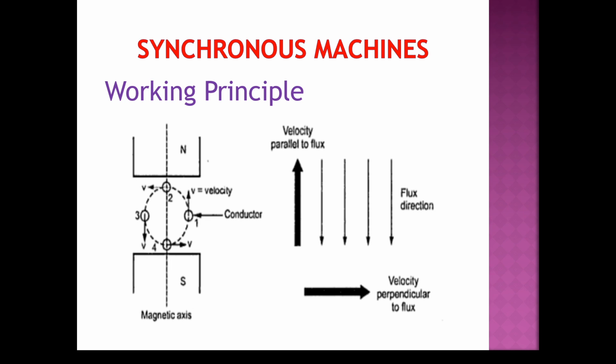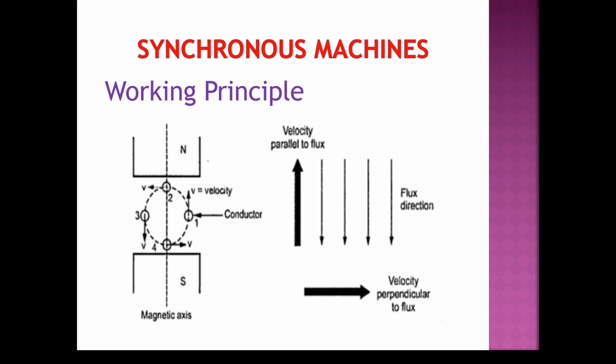Now in an AC alternator, conductors are stationary and the field is rotating. But for understanding purposes, we will always consider that there is a relative motion between the conductor and the flux.